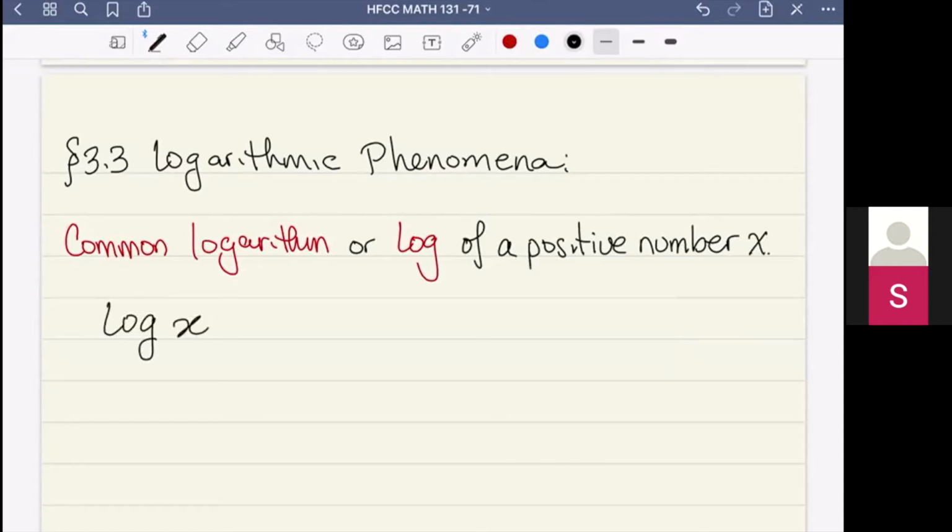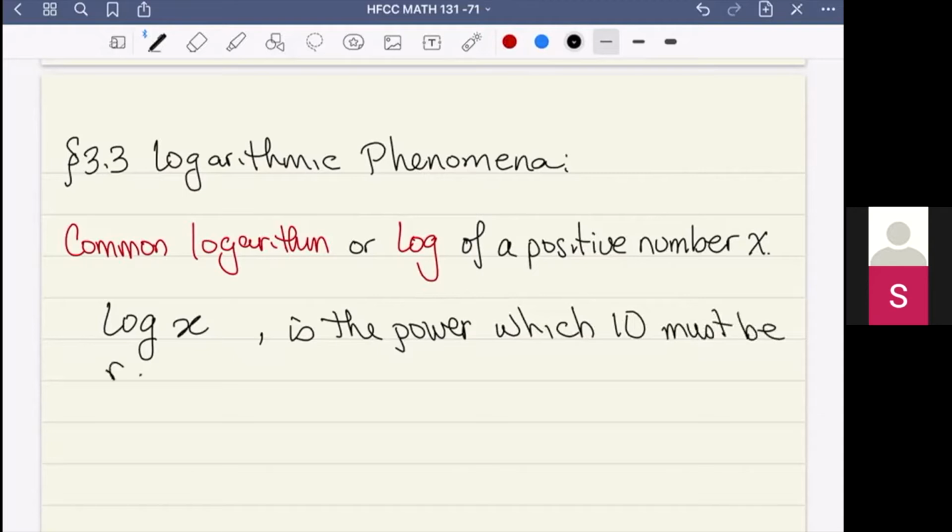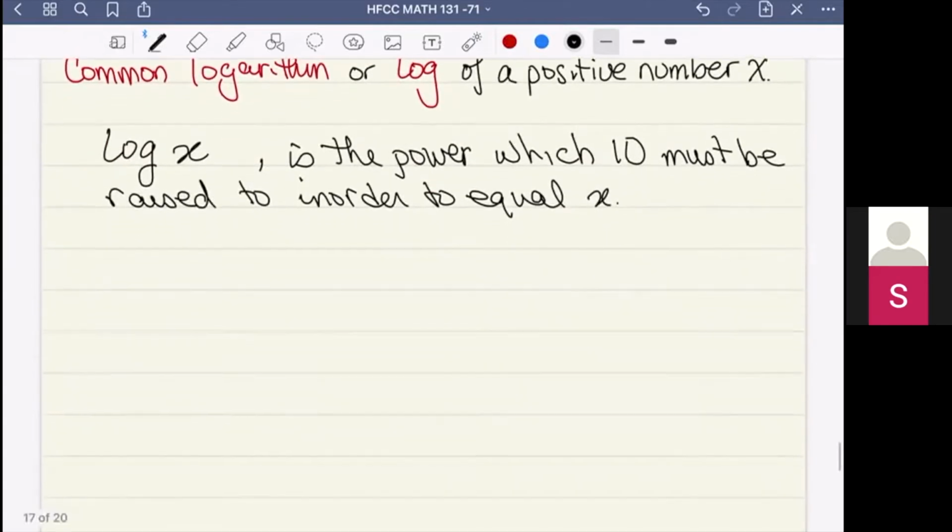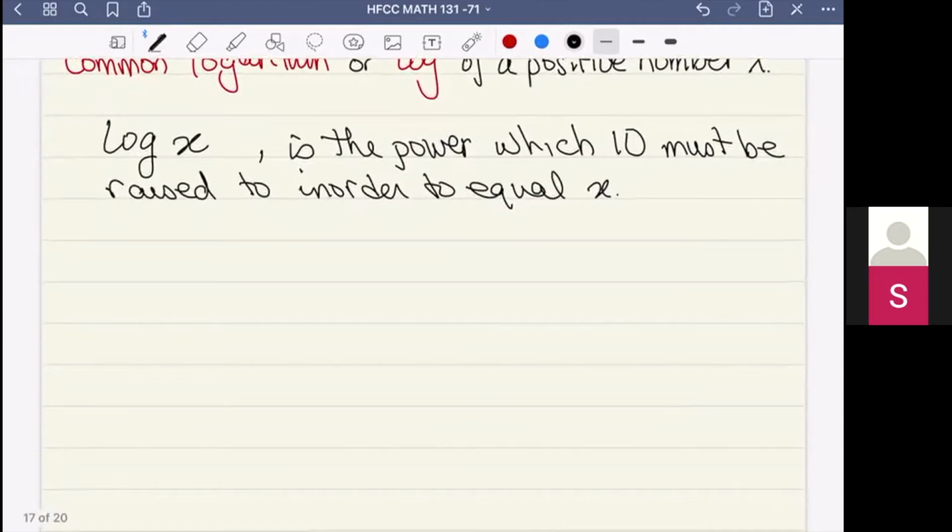Okay, what does that mean? It means the power which 10 must be raised to in order to equal x.